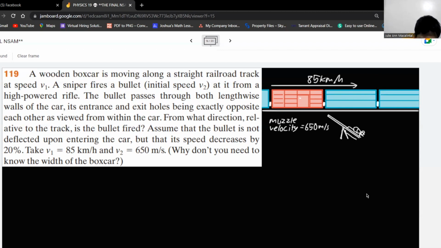Yun yung goal. Hindi natin kailangan malaman kung gaano kalayo, ang importante lang dito ay ano yung speed na tatama yung bullet, initial speed V sub 2.